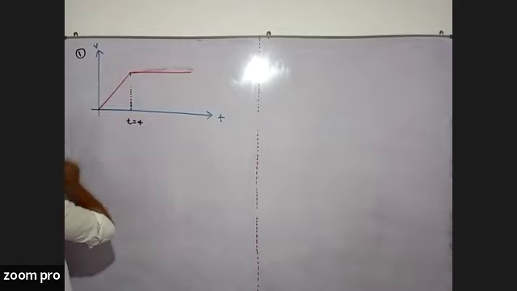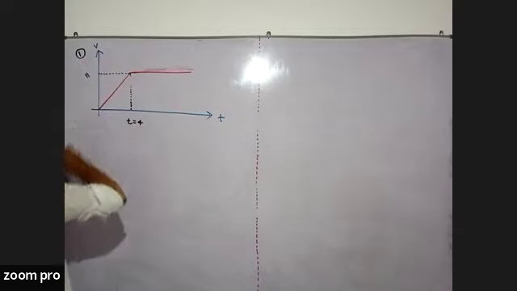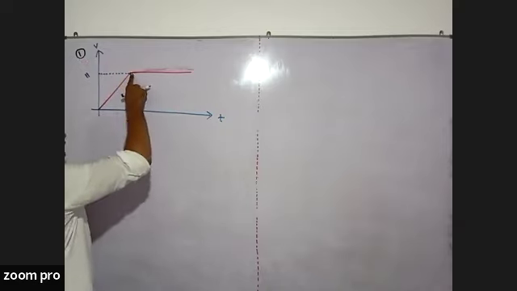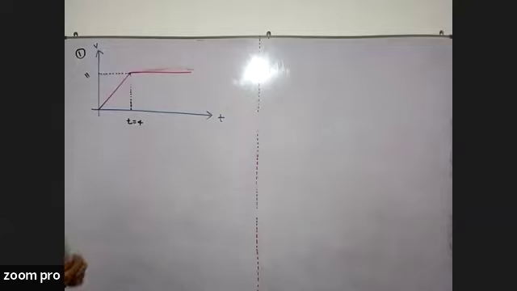At the end of 4 seconds, he obtains the maximum velocity, which is 11. And after that, he moves at a constant speed until the end of the race. So that's the main thing that we can obtain by looking at this graph.